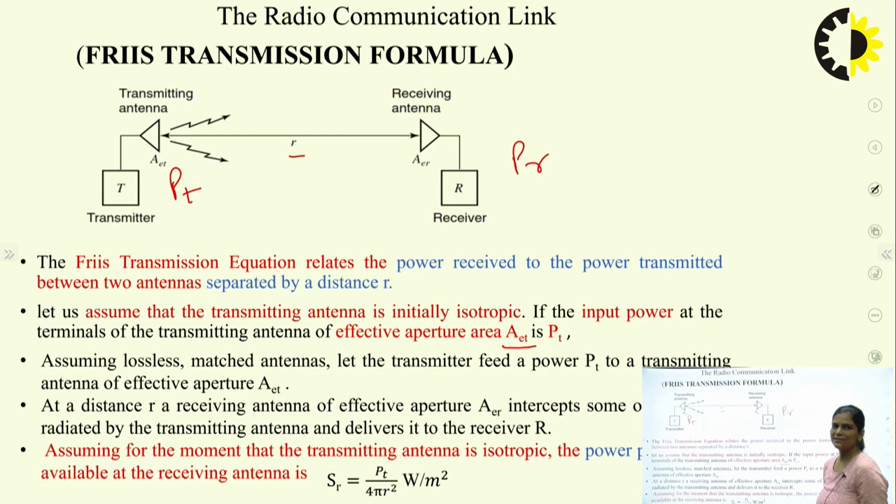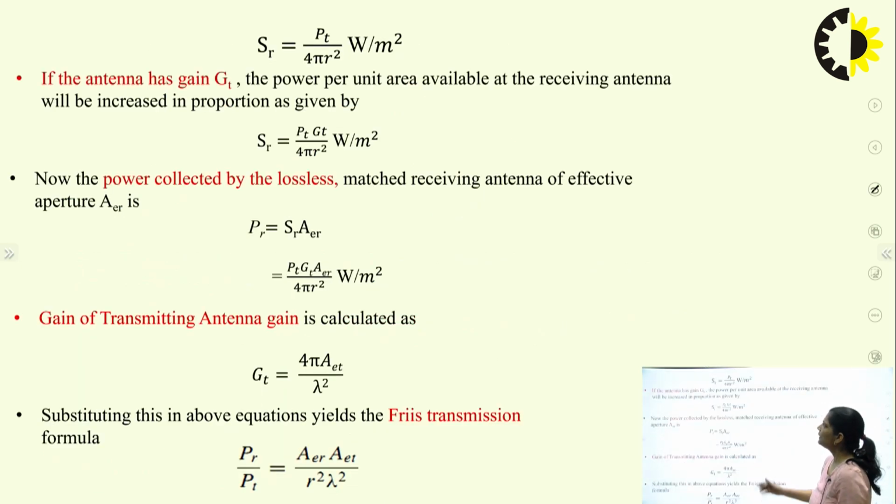Assuming for the moment that the transmitting antenna is isotropic, the power per unit area available at the receiver side is SR equal to PT upon 4 pi R square watts per meter square, where R is the distance between the two antennas and PT is the power at the transmitter side.